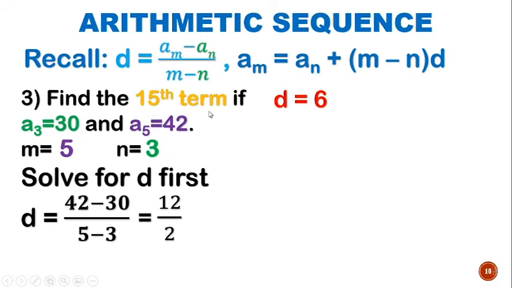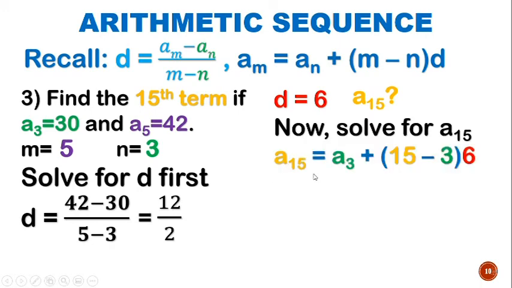Yes, being the 15th term. And how do we write that? A sub 15. So we are after A sub 15. You have the data M equals 5, N equals 3, D equals 6, and either of these two will do. So, let's use A sub 3 first.